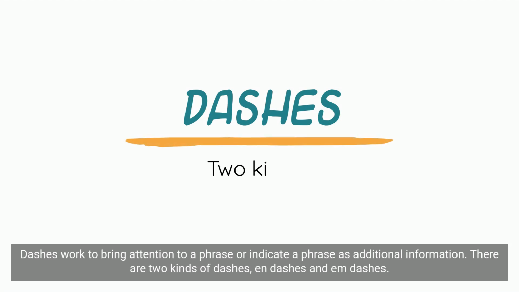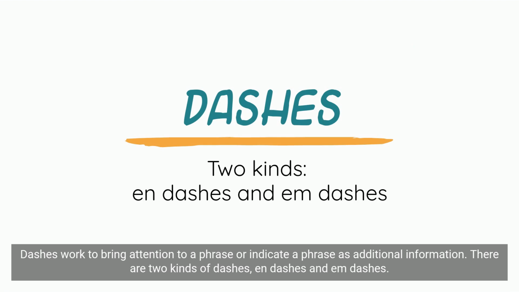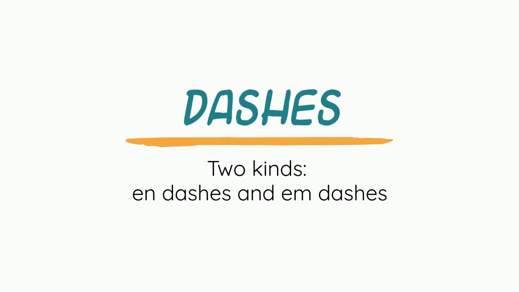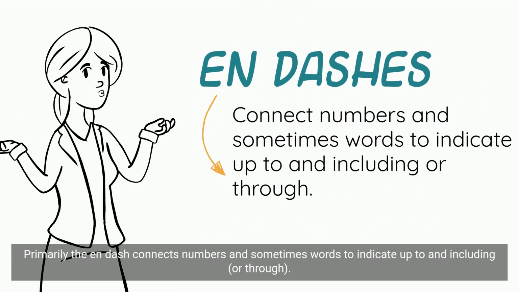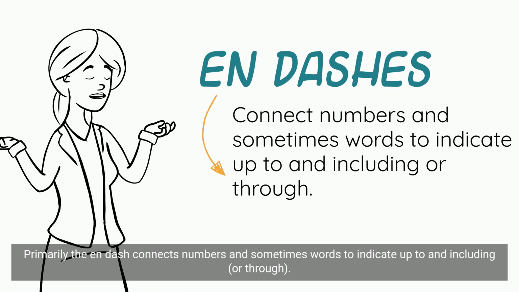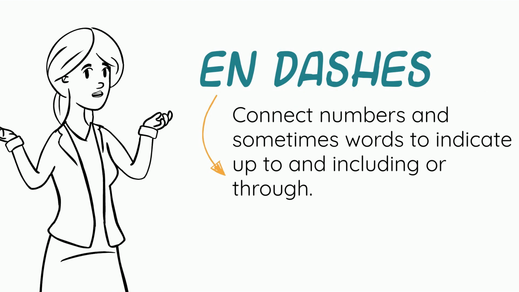Dashes work to bring attention to a phrase or indicate a phrase as additional information. There are 2 kinds of dashes, N dashes and M dashes. Primarily, the N dash connects numbers and sometimes words to indicate up to and including or through.